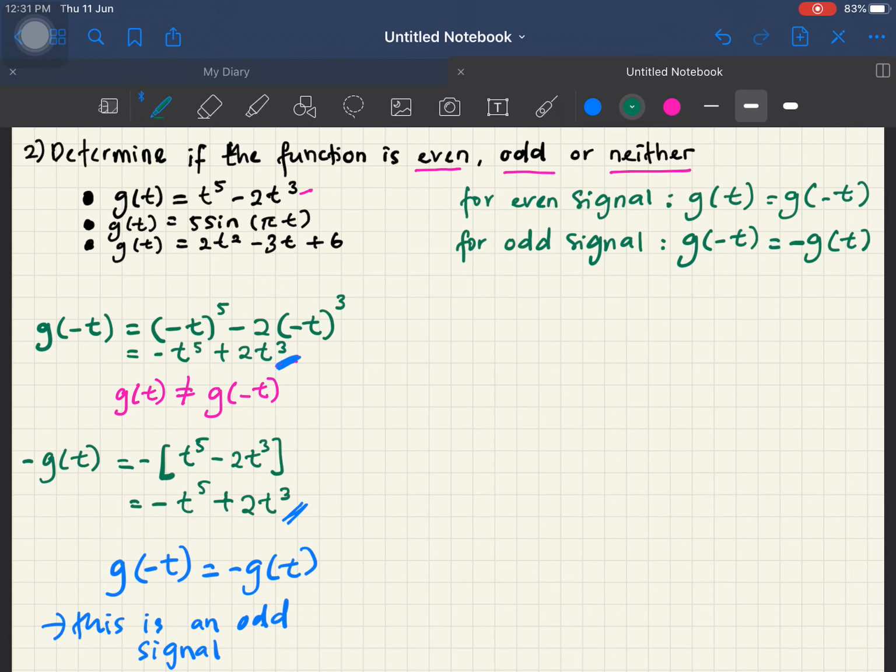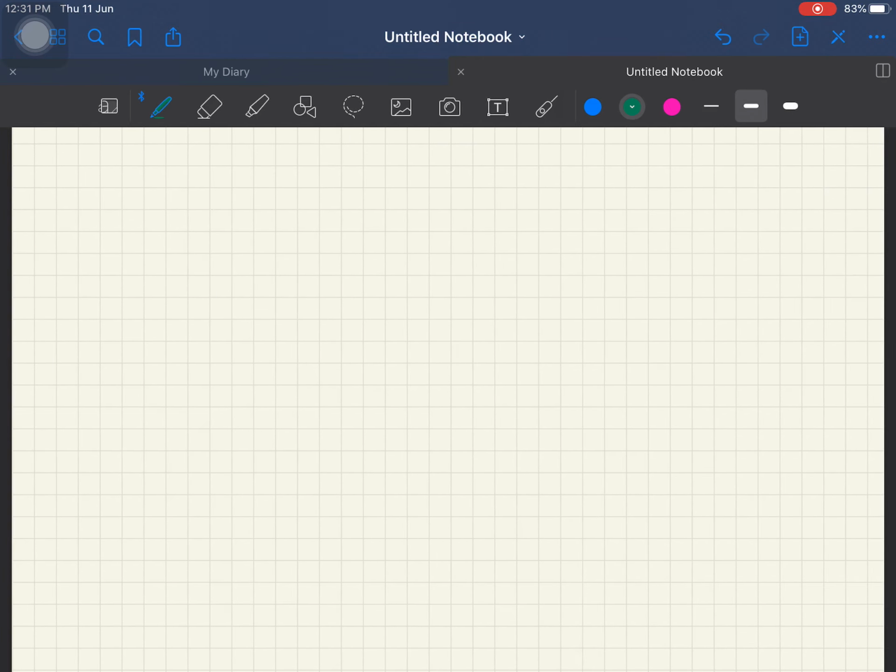Now let's look at the second one. You have g of t equals 5 sine pi t.